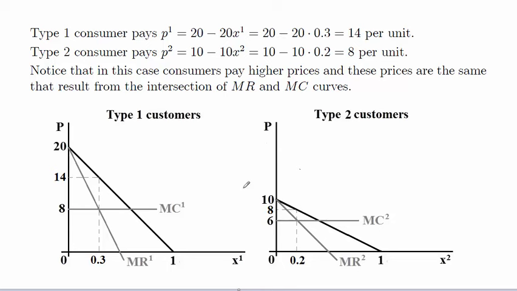Now, in the third degree price discrimination, we can actually set different prices to each type of the customer, and these prices are going to be the profit maximizing, as if this monopolist would be selling to these customers separately. So we have 14 and 8. So this concludes the solution to part 5 of problem 4.